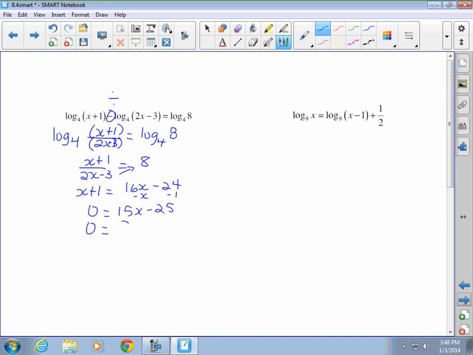I can GCF a 5 from there, so that'll leave me with 5 times 3x minus 5. So 5 equals 0, I throw out. So 0 is equal to 3x minus 5. If I solve, that's 5 is equal to 3x. Divide by 3. 5/3 is equal to x.